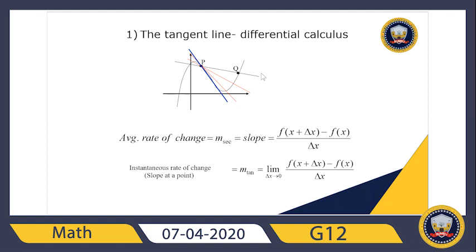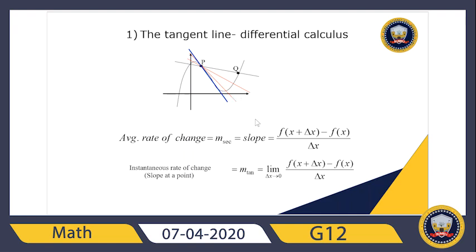So to define the rate of change of this function f, let's take the slope of this secant line. I would take the change of y's over the change of x's.